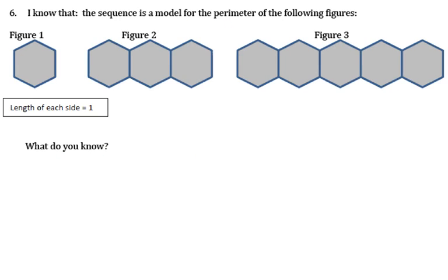So I would start probably with making a table. Okay. So we have figure 1, we'll call that 0. We want perimeter, don't we?